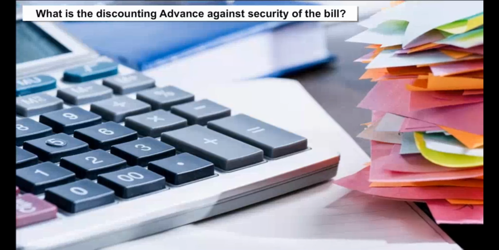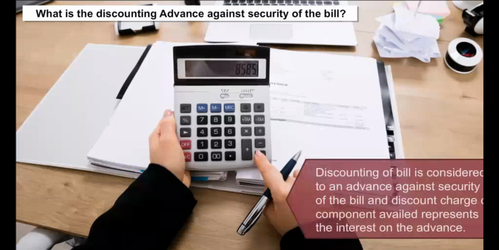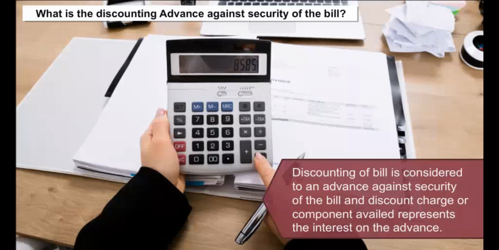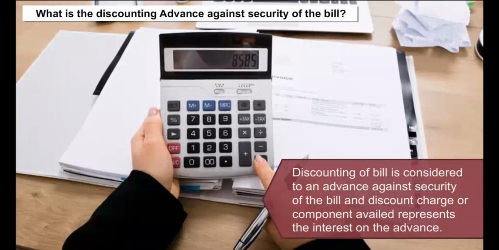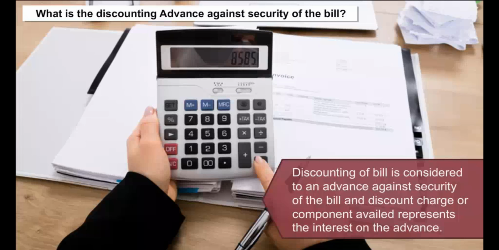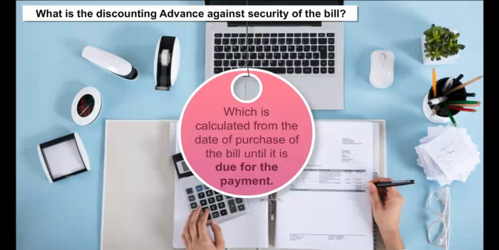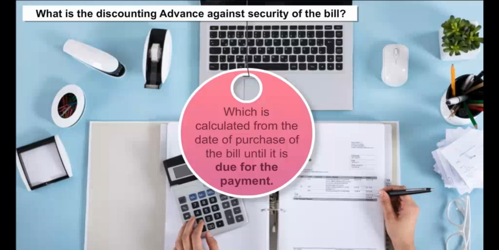What is discounting, an advance against security of the bill? Discounting of a bill is considered an advance against security of the bill, and the discount charge represents the interest on the advance, which is calculated from the date of purchase of the bill until it is due for payment.